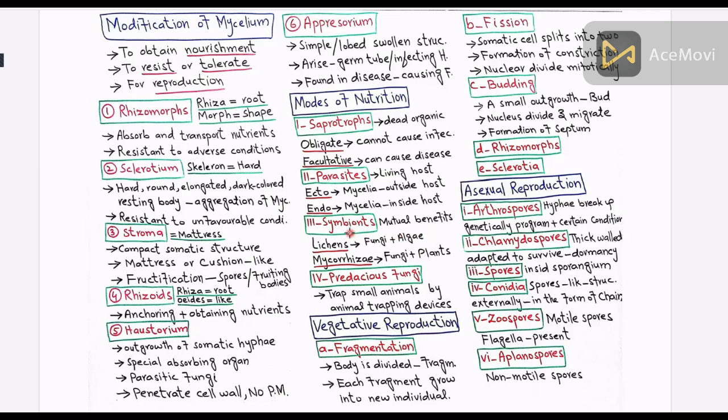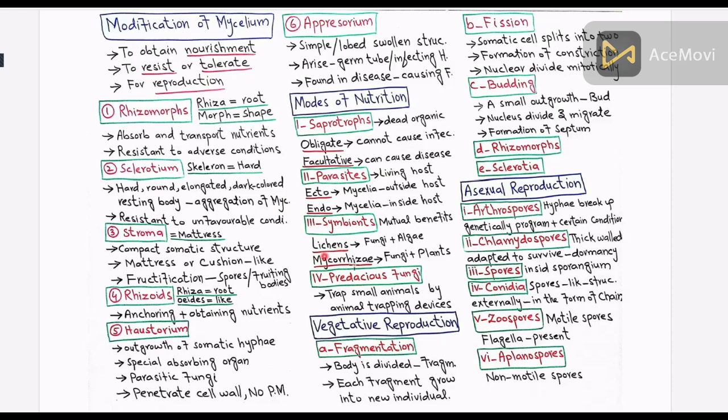There are two well-known types of symbiotic fungi, lichens and mycorrhiza. Lichen is the symbiotic association of fungi with algae. The fungal partner provides shelter and absorbs moisture, whereas the algal partner synthesizes the food.